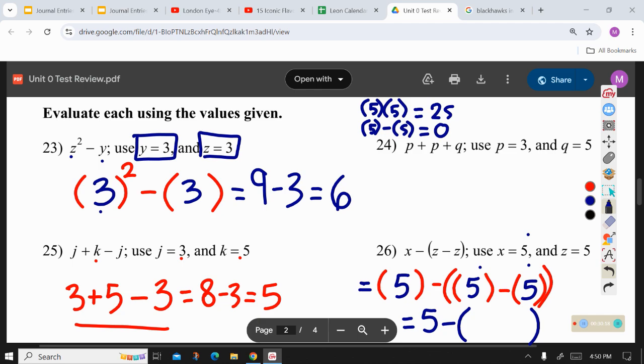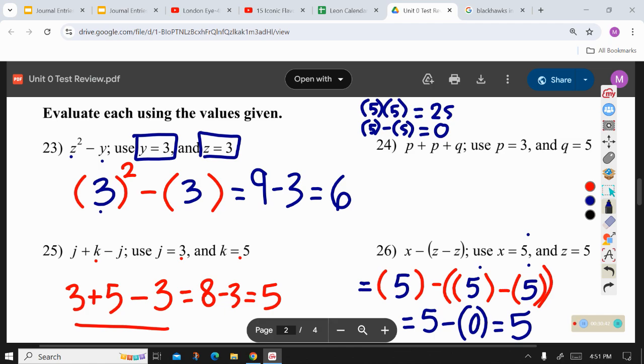Okay? So that's what we see right here. This means 5 minus 5. So that's 0. So this just means 5 minus 0. Okay, and anything minus 0 is going to be whatever you started with, right? So 5 minus 0 is just 5. And that's how we would finish this one.